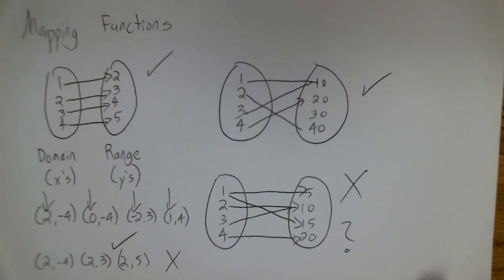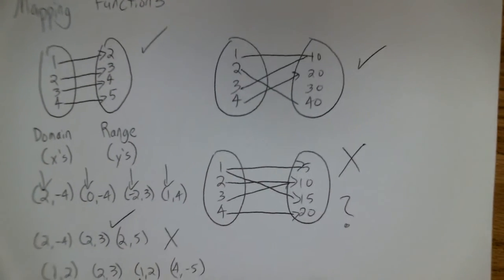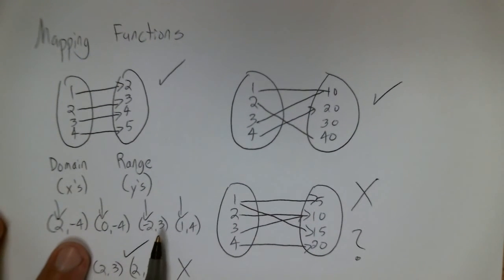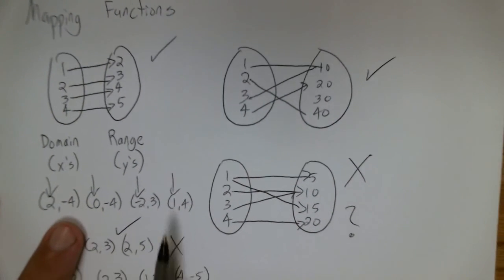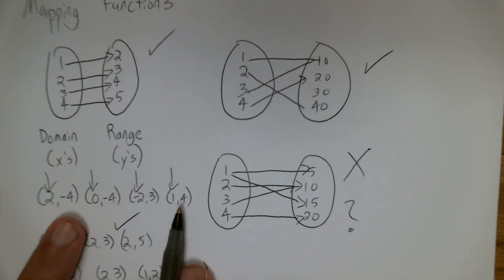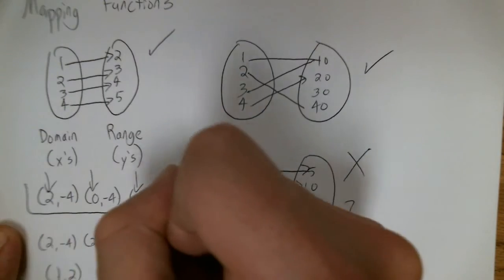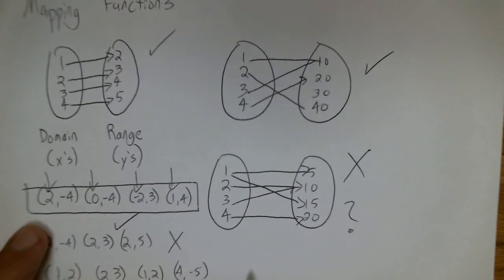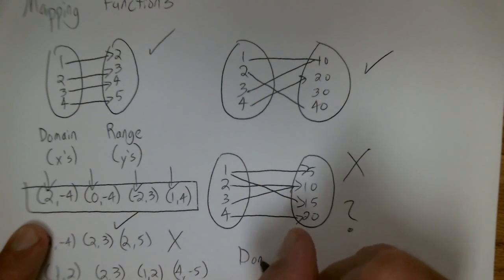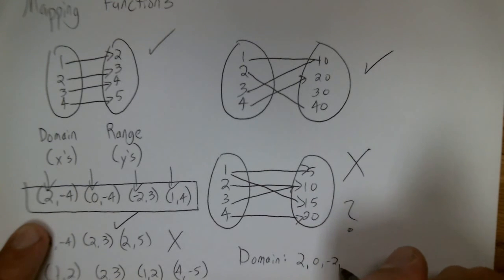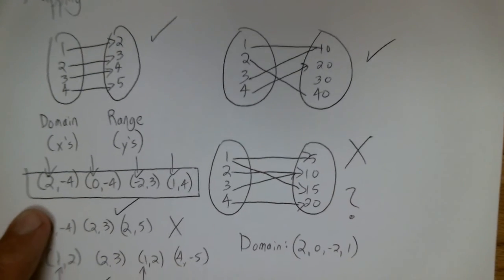If you're asked what the domain and the range are, if we were looking at some ordered pairs, let's go back to this one. The range would just be the y values and the domain would just be the x values. So if I were asked for the domain and range of that relation, my domain is just all the x values: 2, 0, -2, and 1.